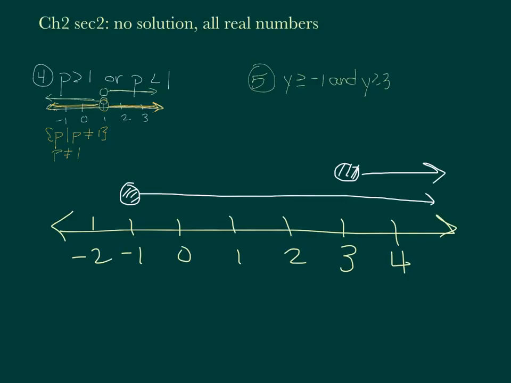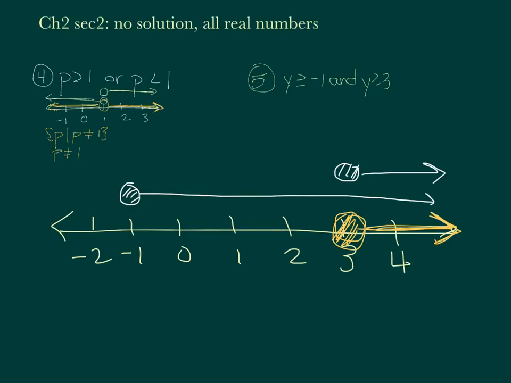Now what I'm going to remember is that I'm looking at and. And is my conjunction, and it means that my solution is wherever overlap occurs. And I notice that I've got 2 lines starting at 3. So my overlap starts at 3, includes 3 because of that closed circle, and extends to infinity. So my solution set then is going to look like circling the 3, shading it in, and then shading to the right.